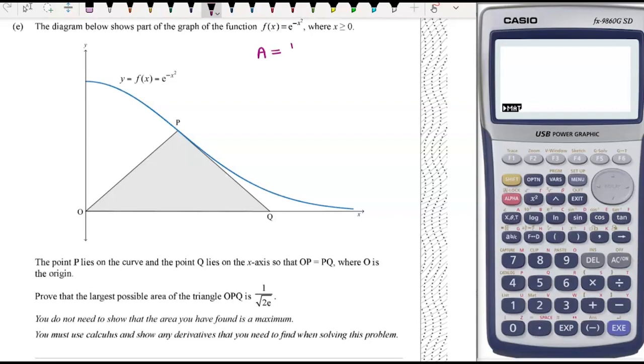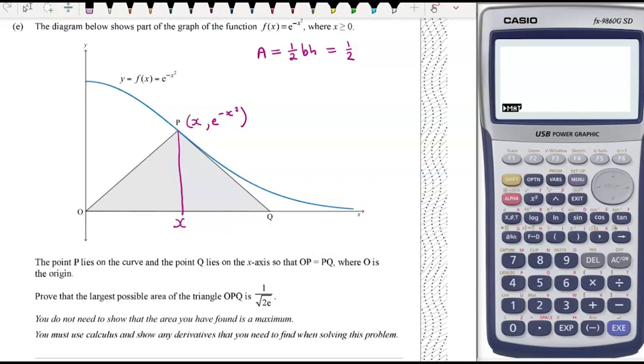So we need to come up with a formula for that area of the triangle, which will be half the base times the height. Now P is at an x-coordinate of x, and the y-coordinate is going to be the value of the function there, e to the minus x squared. So P is at x, e to the minus x squared. Okay, so now thinking about the area, half times the base. Well, if this distance here is x, then the whole base from here to here is twice that much because this was symmetrical, right?